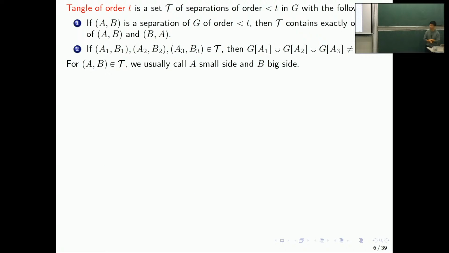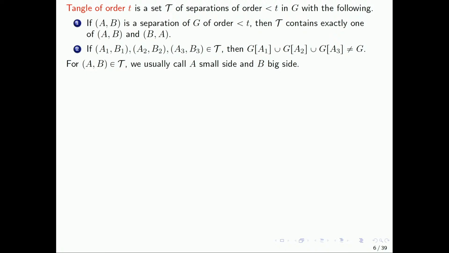Here is the definition of a tangle. A tangle of order t is a set of separations of order less than t, meaning small separations, where the first condition is that if (A, B) is a separation of order less than t, then the tangle contains exactly one of (A, B) and (B, A). The meaning of the tangle containing a separation (A, B) is that the B part contains the highly connected structure we want to indicate.